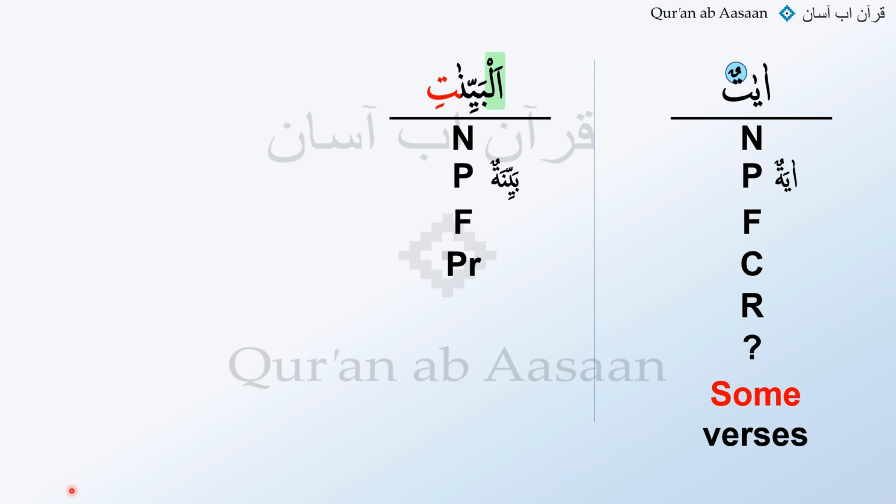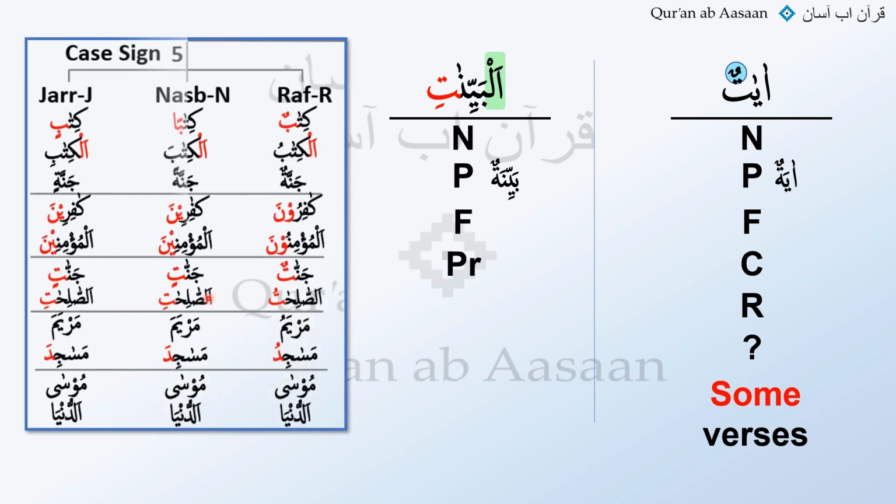And what would be the case sign? Let's have a look at the chart quickly and try to match it, although most of you would probably not need it, I hope. Say the sound out loud, emphasizing the last bit. Al-bayyinati. It matches with as-swalihati, atu, ati, ati. We have ati.